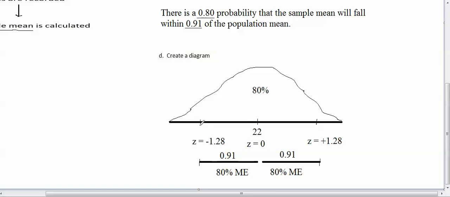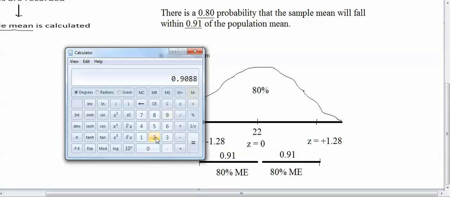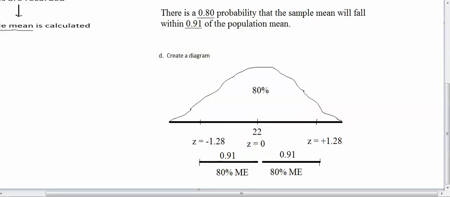Now let's find the two numbers that I talked about. We need to take 22 and subtract the margin of error. So 22 minus 0.91 equals 21.09. That's this number down here. So to get this number, I just subtracted 0.91 from 22.